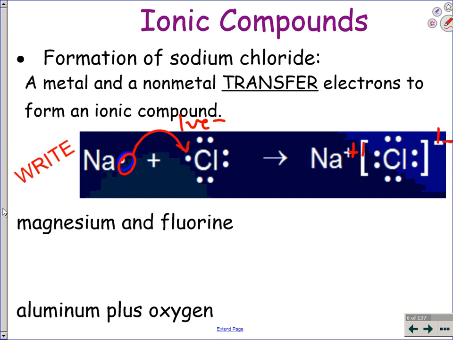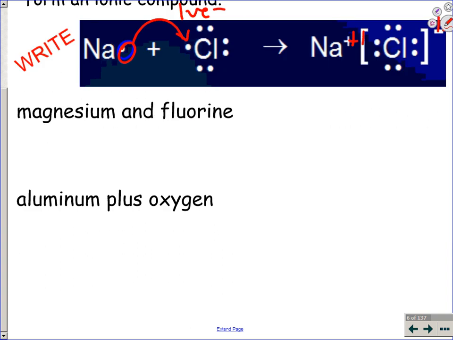For magnesium and fluorine, we already know what it's going to form. We know there's 1 magnesium and 2 fluorines that bond. But if you were working through the process, you'd ask how many valence electrons magnesium has: 2.